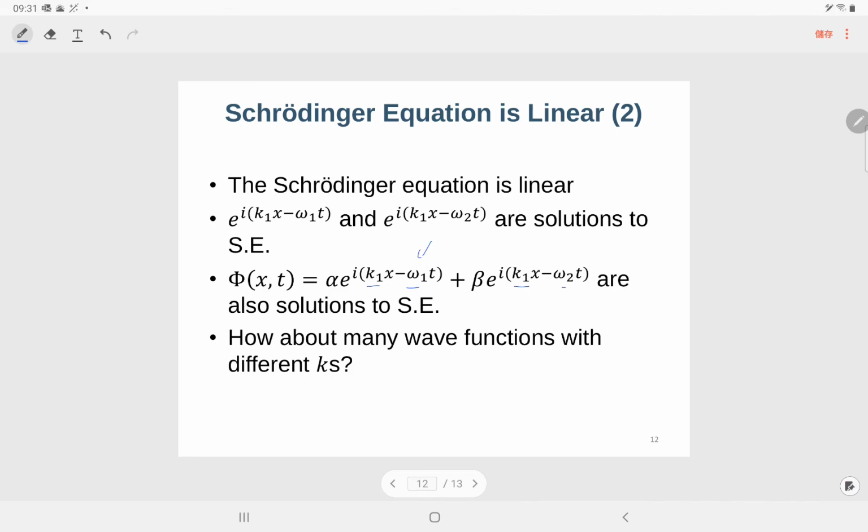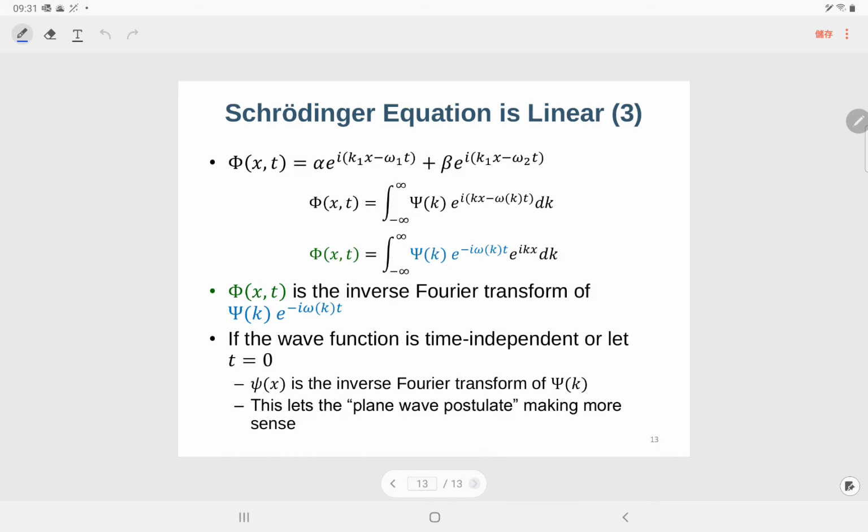So we can add them together to become the new wave function. So if there are many different cases, how about for this case? Actually we can just use many different arbitrary constants to multiply different k.